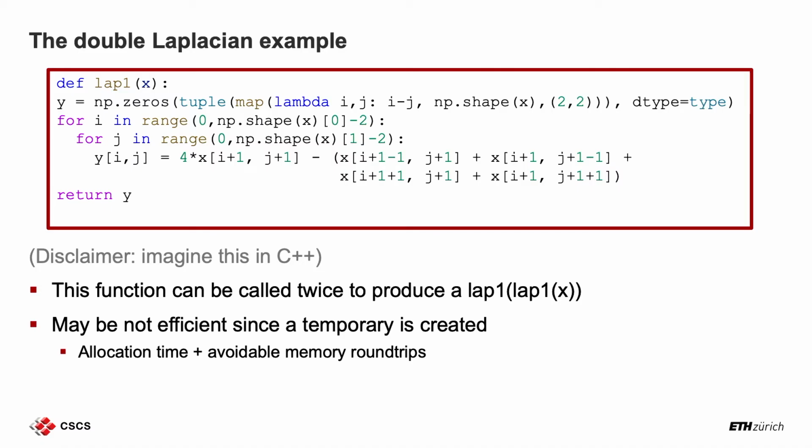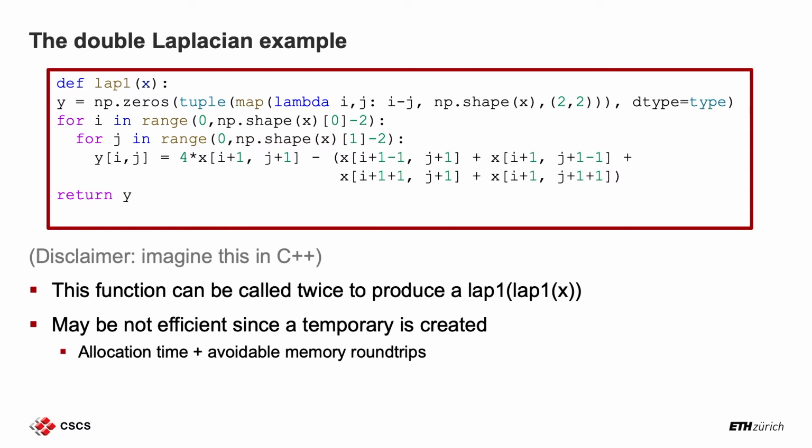So we can concentrate on the body of the loop there, right? It allocates the output array. So I get the 2D array as input, and I compute the Laplacian in the 2D array as output, and the 2D array is allocated inside and put back into the output.